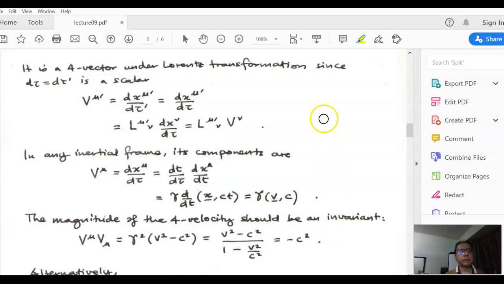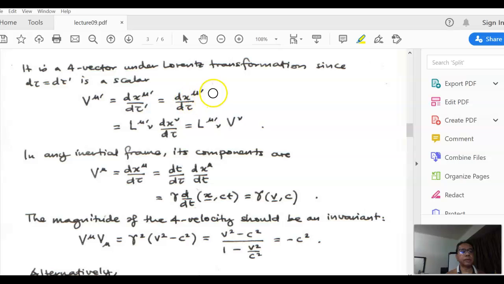We can see that essentially this four velocity will indeed transform as a vector. So you just simply look at the velocity vector in the dash coordinates, it will be given like such, and you have d tau dash, but d tau dash, since it's a scalar, is just the same as d tau.